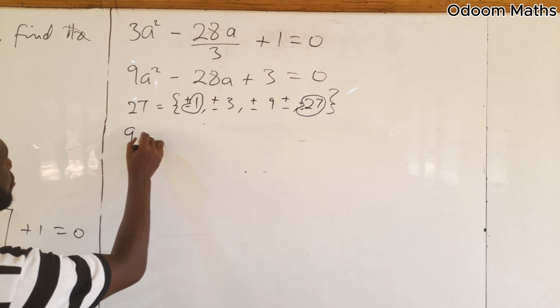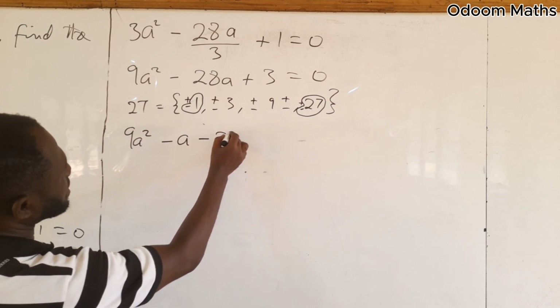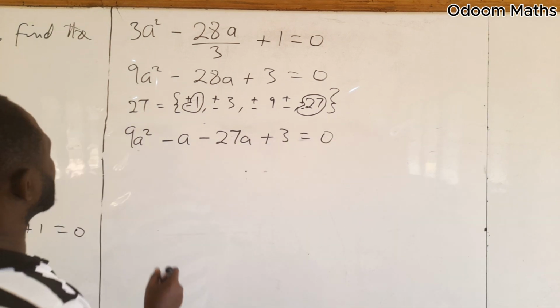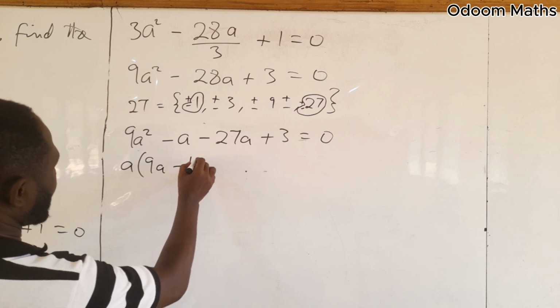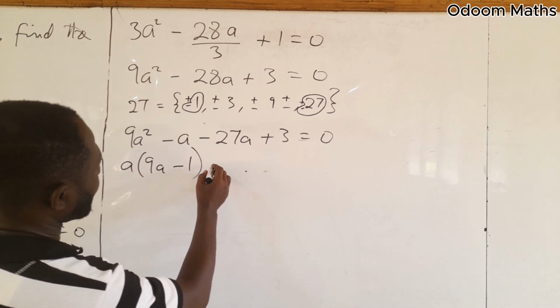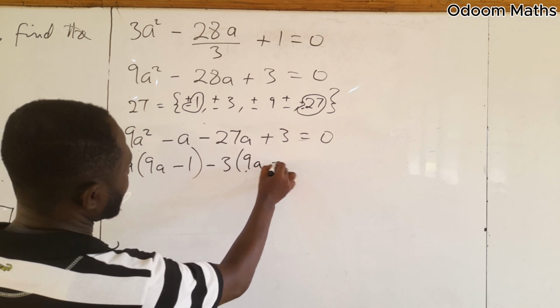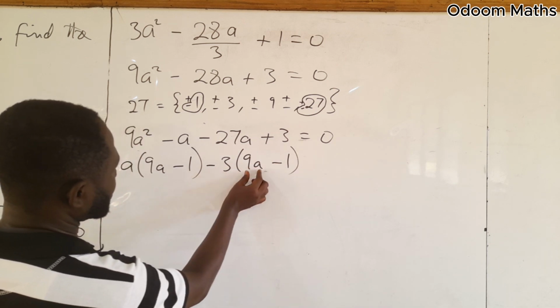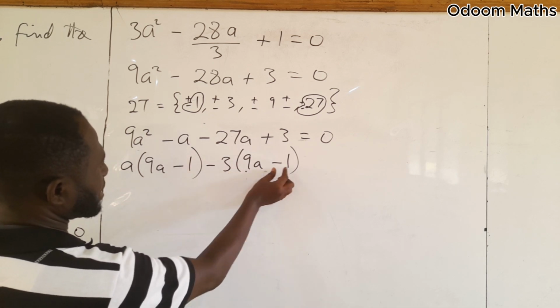So 9a squared minus a minus 27a plus 3 should be equal to 0. Okay, so we have a out, 9a minus 1. Then here too we have minus 3 out, 9a minus 1. Let's see: negative 3 times 9 becomes negative 27, and negative 3 times negative 1 becomes 3.